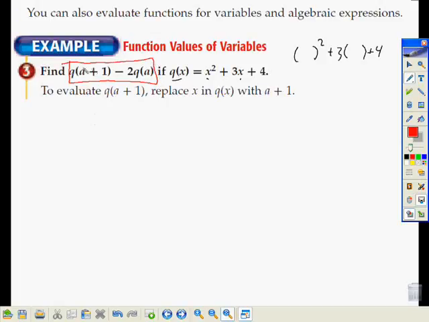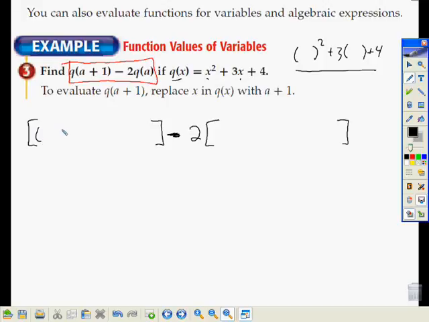notice this is 2 different parts here. I'm going to go ahead and rewrite it as 2 different parts. I have minus 2 times the second part here. Now within each of these, I'm going to write this all out.